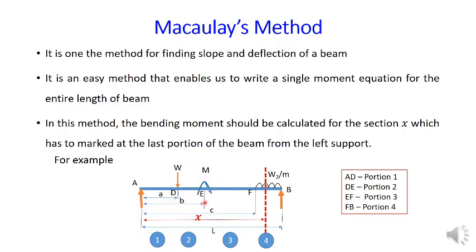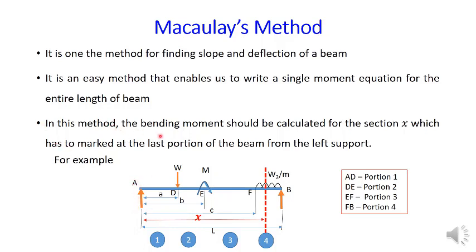M is acting at the point E, which is at a distance of B from the left support, and the UDL is acting between the points F and B, which is at a distance of C from the left support.